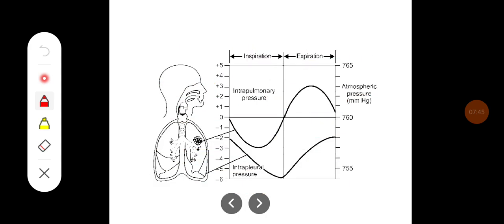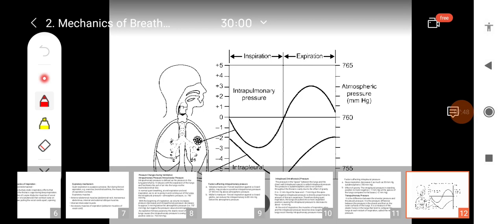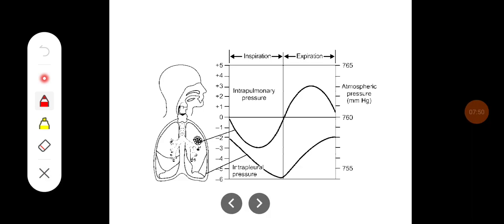So this is the diagram showing the intrapulmonary pressure and intrapleural pressure. During inspiration in the alveoli, the pressure is going to decrease, and at the end of inspiration it becomes again atmospheric, and during the expiration again the pressure is going to increase, and again at the end of expiration the pressure becomes atmospheric.